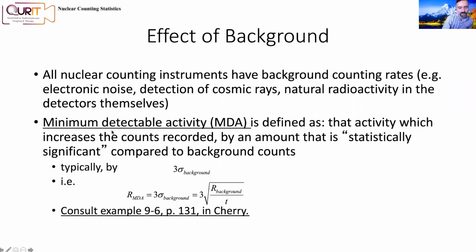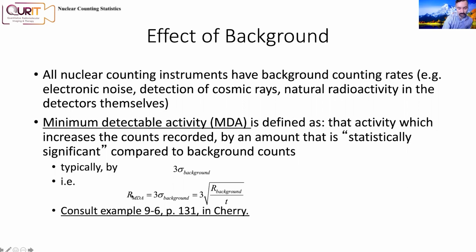So this thing we call minimum detectable activity is defined as that activity which increases the counts recorded by an amount that is statistically significant compared to background counts. Typically, people say that if the rate is more than 3 times the standard deviation of the background, we call that minimum detectable activity.